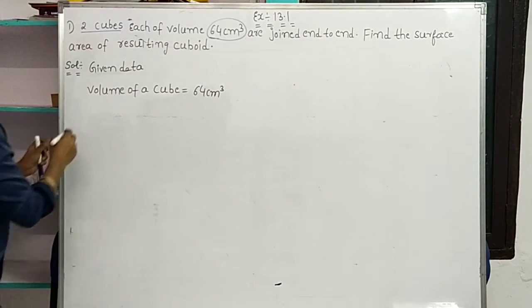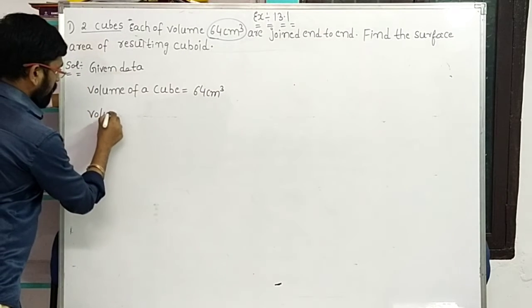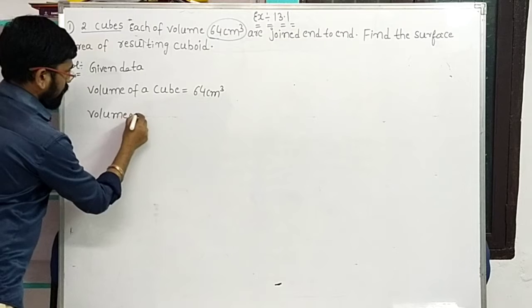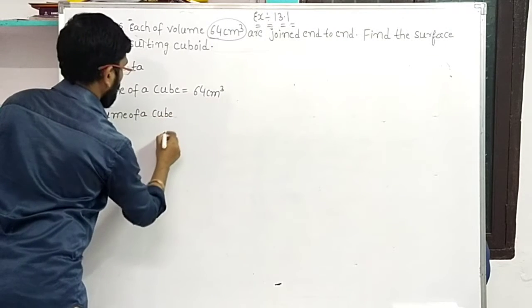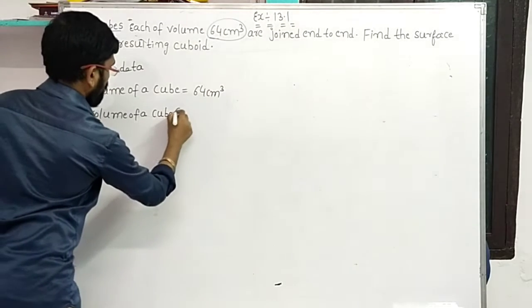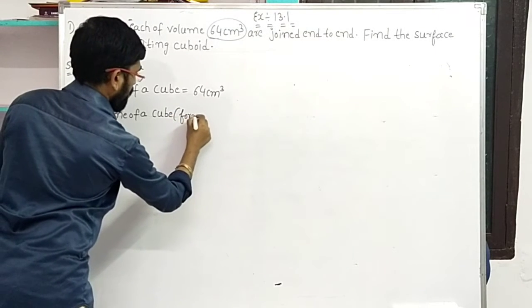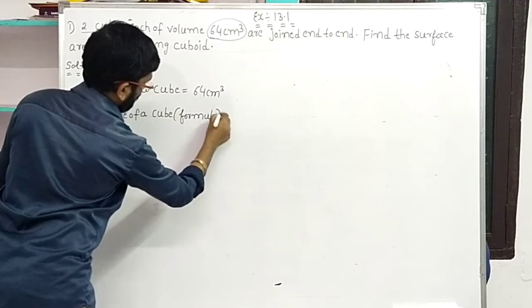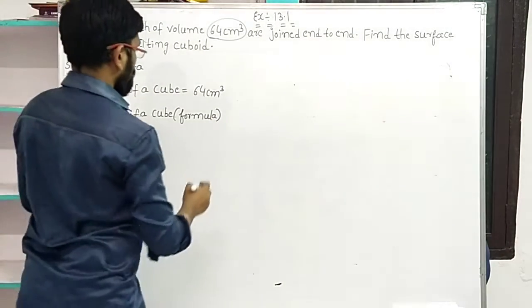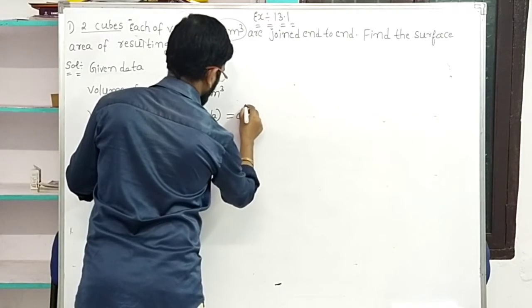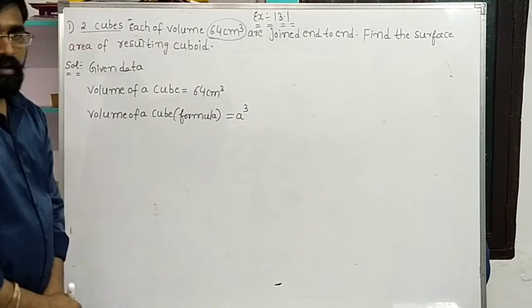Actually, according to the formula, the volume of a cube is a cube, so 64 equals a cube.